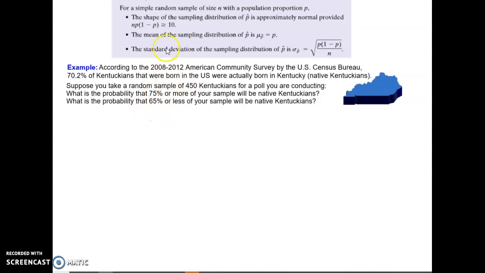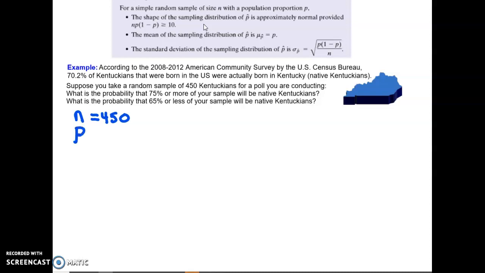We have some problems that we'd like to work on, but first we need to check our criteria. N times p times 1 minus p must be greater than or equal to 10. Now, again, we do not use percents in math problems. We always change them to decimals. So in this case, n is going to be equal to 450, that we see right here.